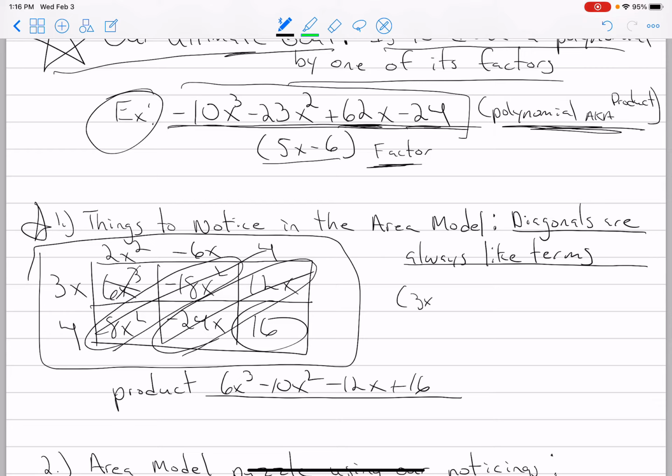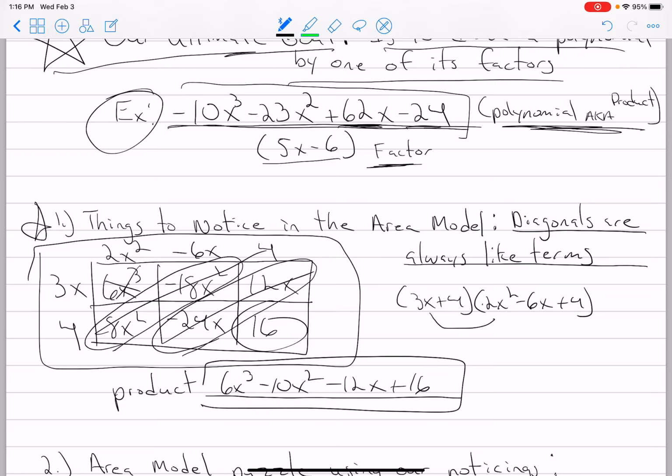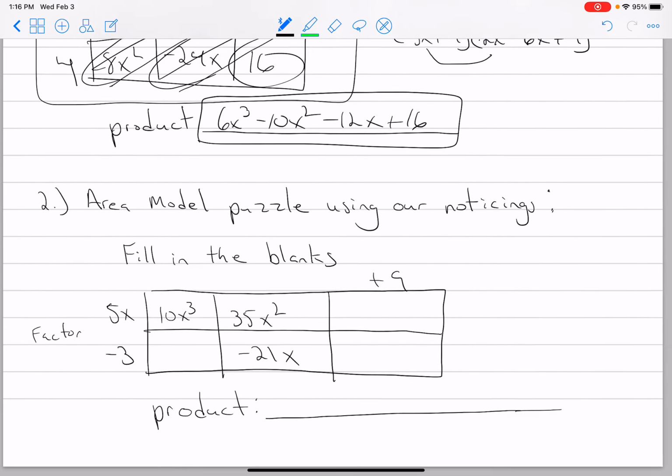Basically, this is 3x plus 4 times 2x squared minus 6x plus 4. That is ugly. When we multiply these together, this is what we get. And in the area model, diagonals are always going to be like terms.